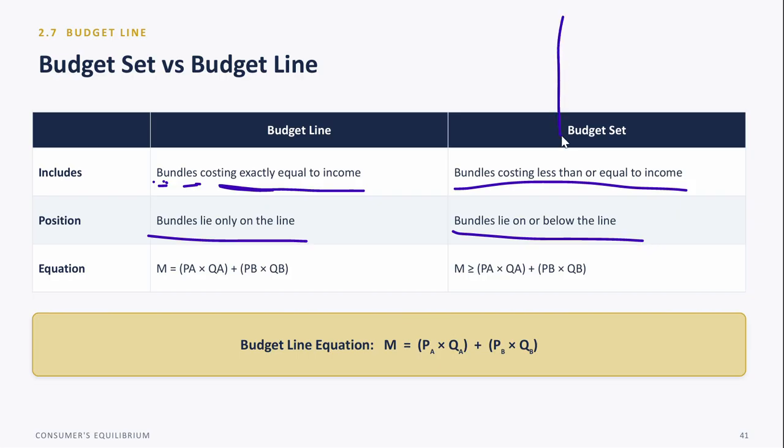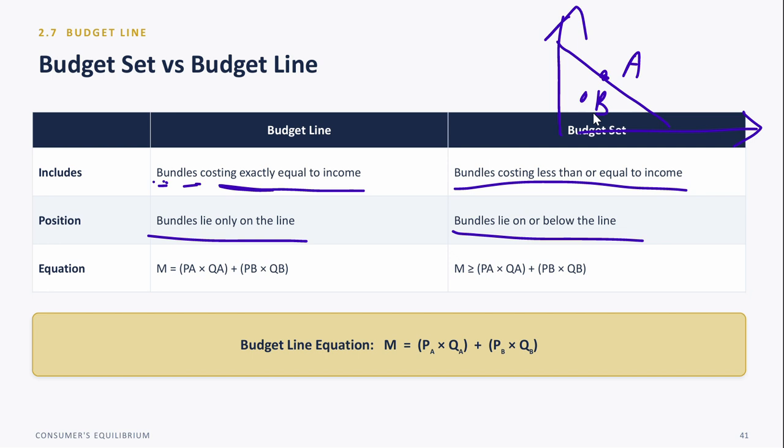So for example, if this is my graph, and this is my budget line. Let us suppose this is point A, lying on the budget line, and this is point B, which is lying below the budget line, right?